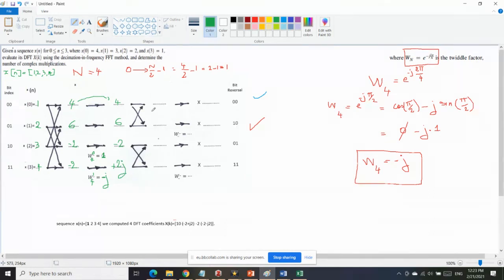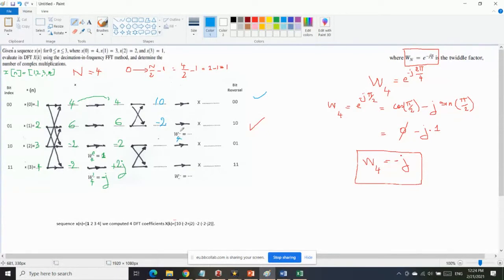Okay, now we're going to work on these two elements and apply DFT, the same algorithm. هنشتغل على هذا الاثنين. So it will be 4 plus 6. وهنا 4 minus 6. So it is minus 2.